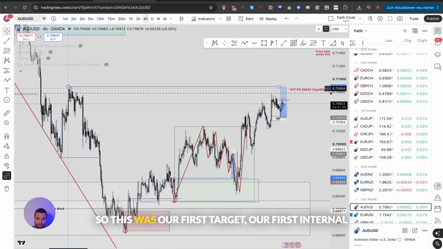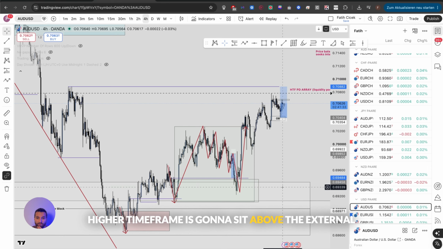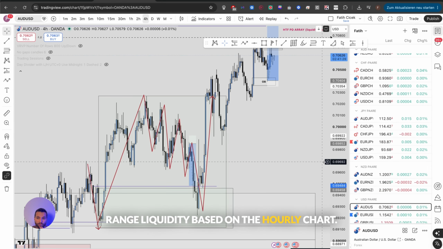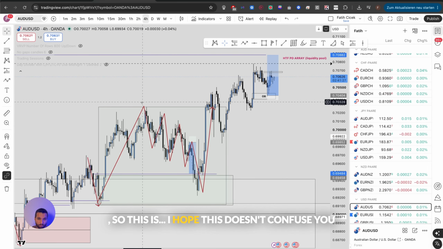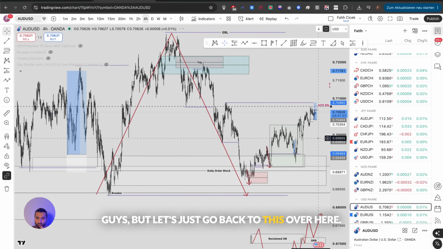Okay, so this was our first target, our first internal range liquidity within our daily chart. So that internal range liquidity based on the higher time frame is going to sit above the external range liquidity based on the hourly chart. I hope this doesn't confuse you guys, but let's just go back to this over here.